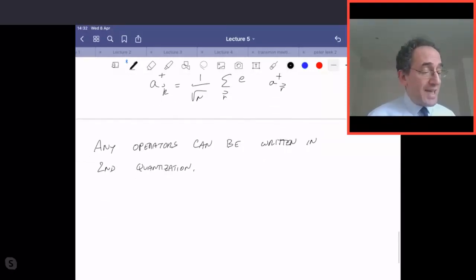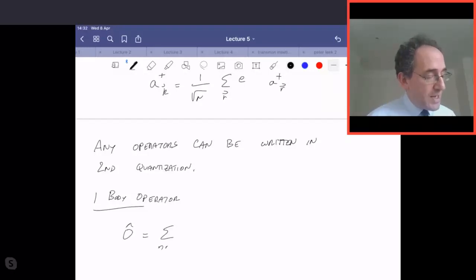So for example, a one-body operator O hat can always be written in the form sum over n and m of the matrix element of O hat between orbitals n and m, create n, annihilate m, like this.